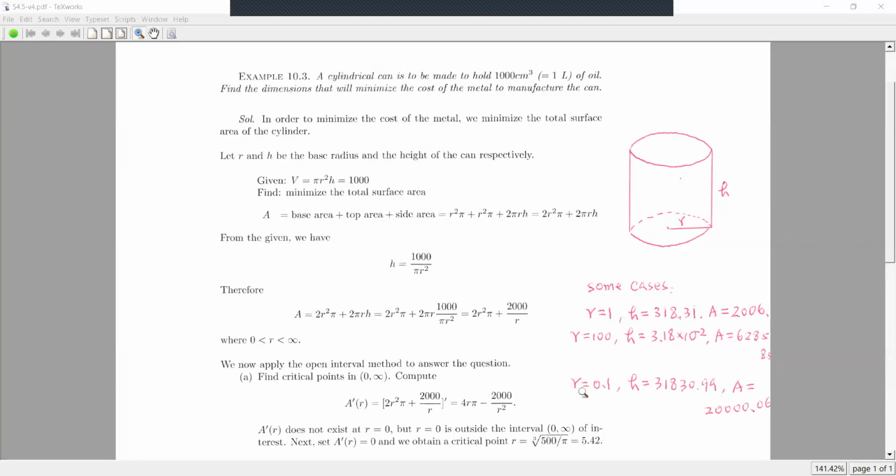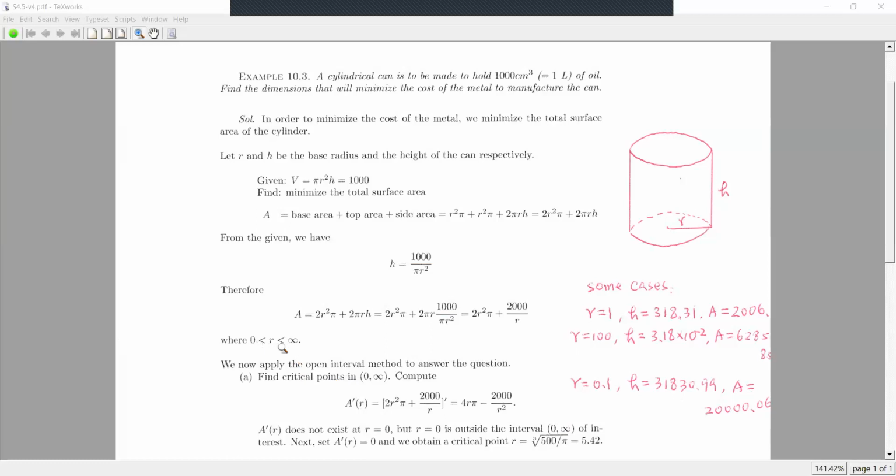You can set r very small, say 0.1, very, very small. And the corresponding h is very large. So this can is tall and narrow. The corresponding total surface area is this number. So r can be any positive number.